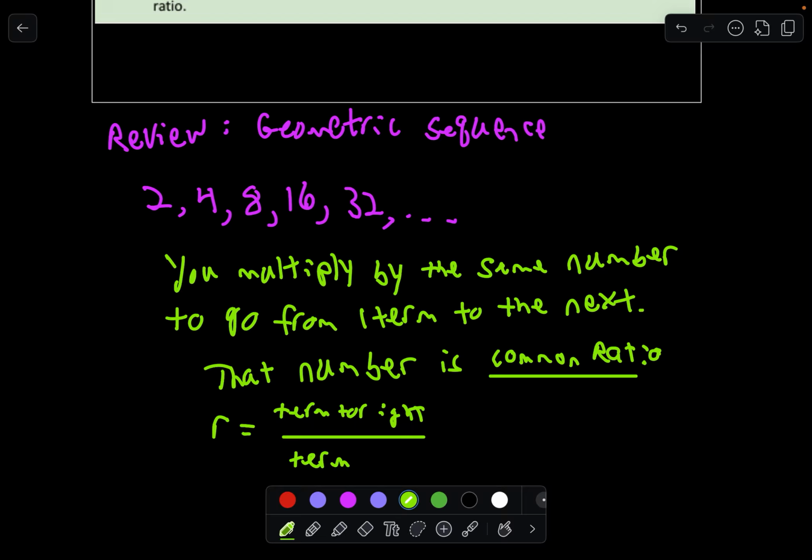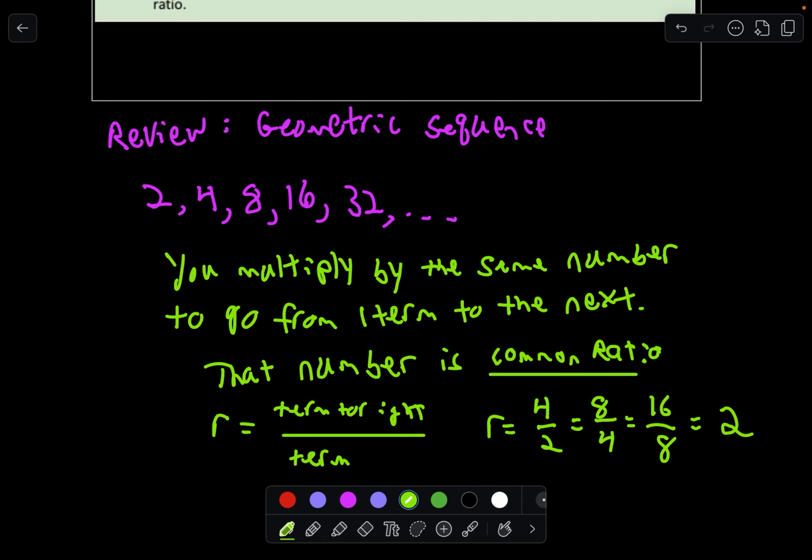For example, the ratio for this, R, would be 4, because that's the number to the right, divided by 2, which better equal 8 divided by 4, which better equal 16 divided by 8. Each of these common ratios has to be the same, and that common ratio for this example is 2. So R is 2. All right?